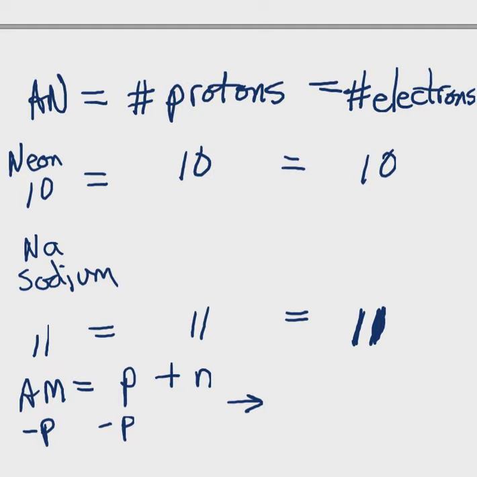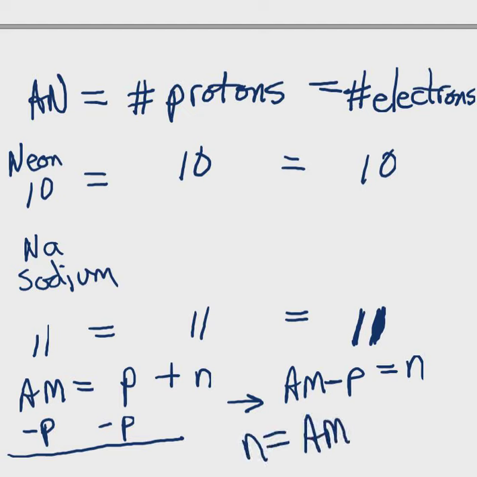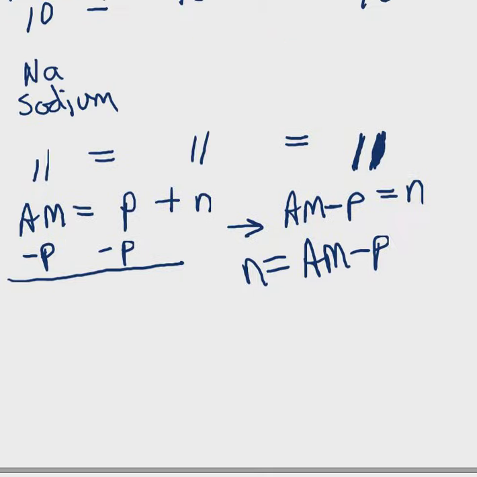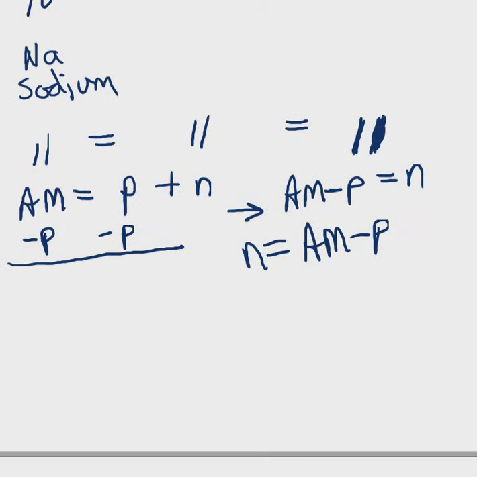So that now we're left with atomic mass minus the protons equals the neutrons. And to make our lives just a little bit easier, we can flip that. So neutrons equals atomic mass minus the protons. Now let's do sodium again.